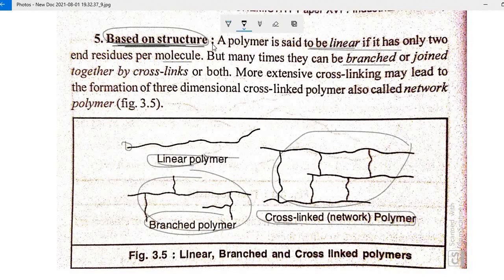So based on structure they are classified into linear polymer, branched polymer, and cross-linked polymer. So the 3D structure of the cross-linked polymer is also known as network. So it is also known as network polymers. So this is the classification of polymers.